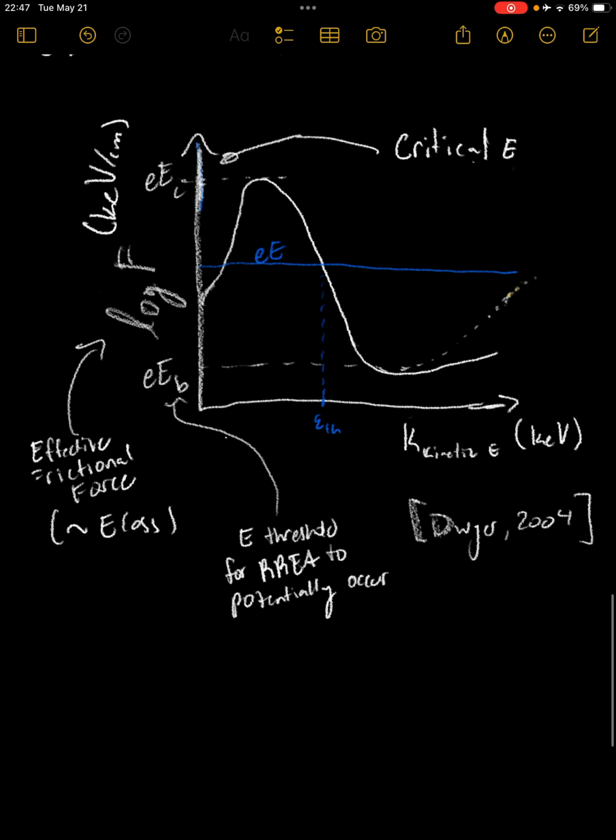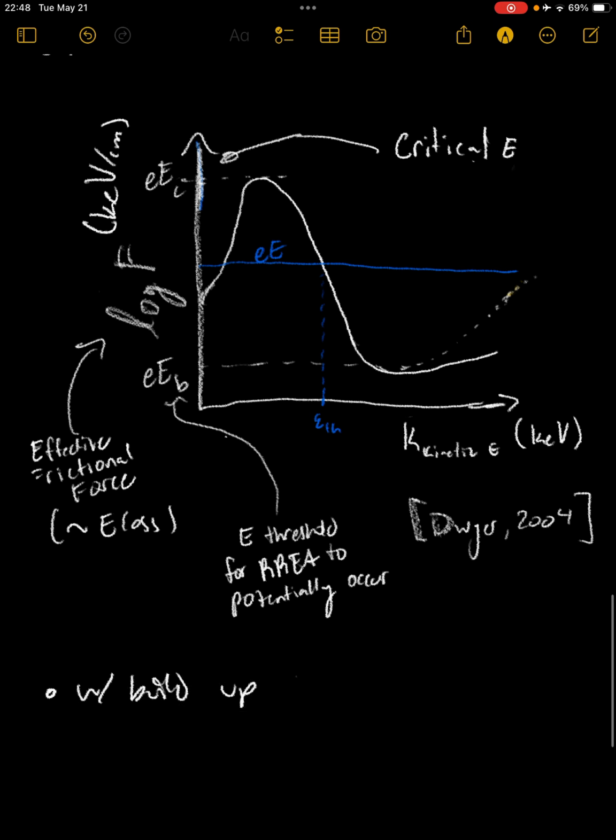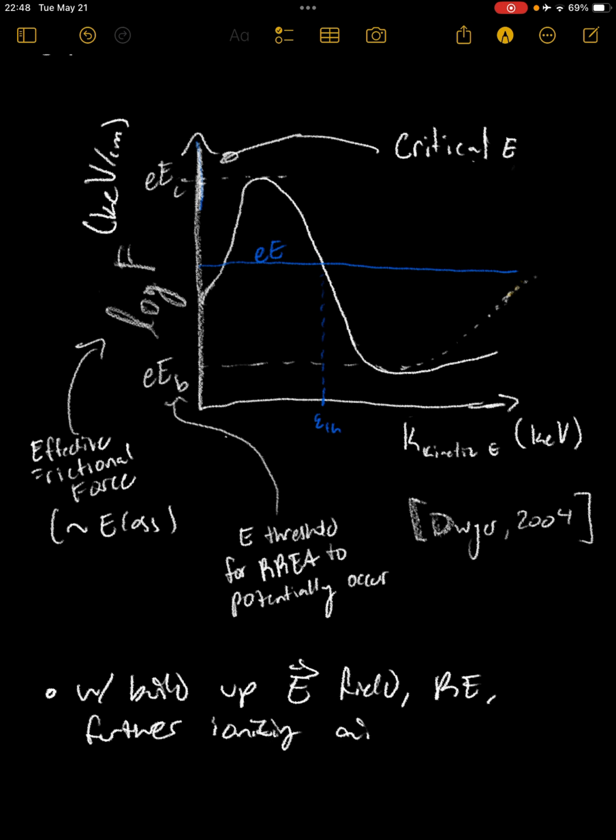So essentially, with the buildup of the electric field, the E field, increasing runaway electrons, further ionizing the air in thunderclouds can lead to this type of chain reaction, RREA, which would then potentially cause the lightning.